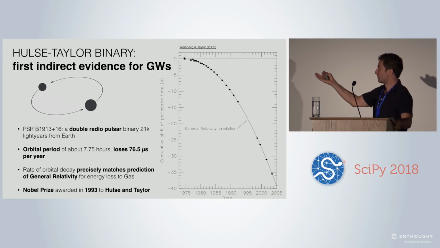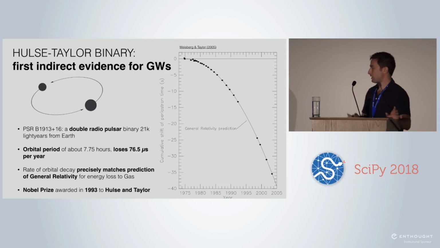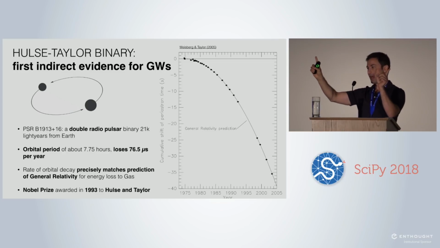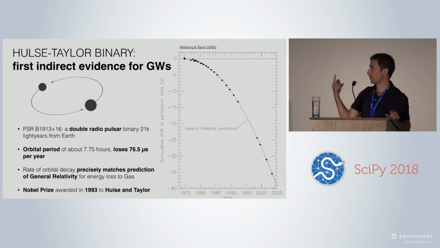This is the Hulse-Taylor binary, which consists of two neutron stars, and we see the radio pulses from both neutron stars as those beams pass through our line of sight, and because those radio pulses come at a very, very regular frequency, we can use them as very, very precise clocks to measure the orbit of the binary.